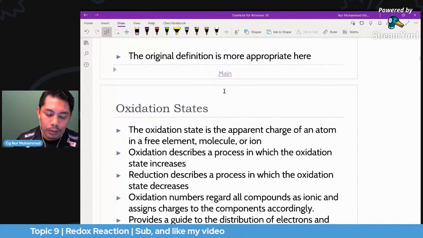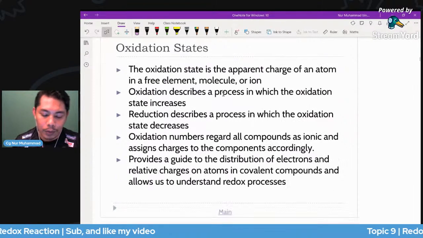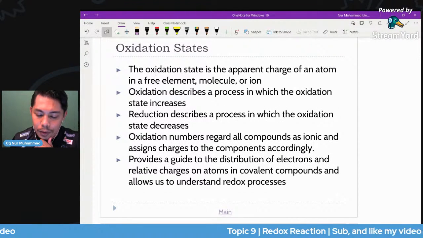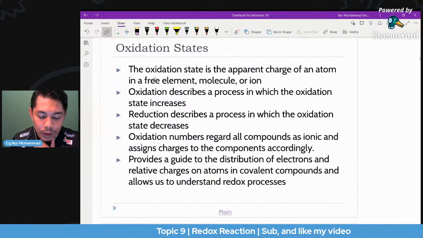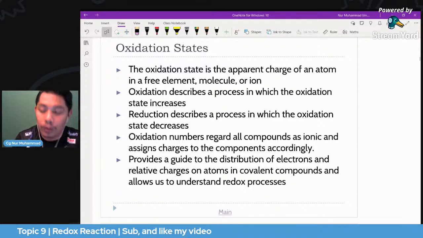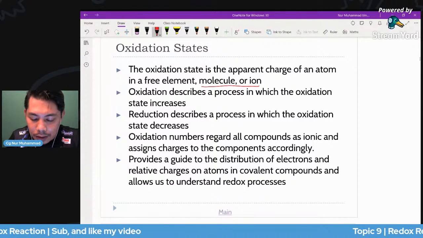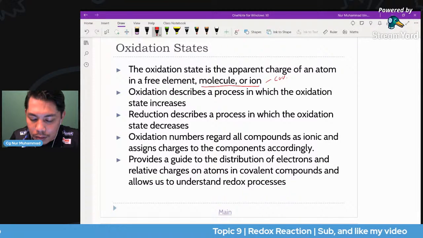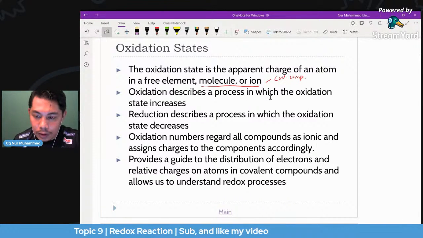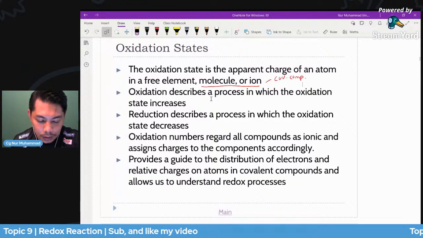Okay, so this is in term of oxidation state lah ataupun oxidation number. Oxidation state is the apparent charge of an atom in a free element. Free element dekat sini adalah molekul ataupun covalent compound lah. Oxidation describe process which the oxidation state increase.